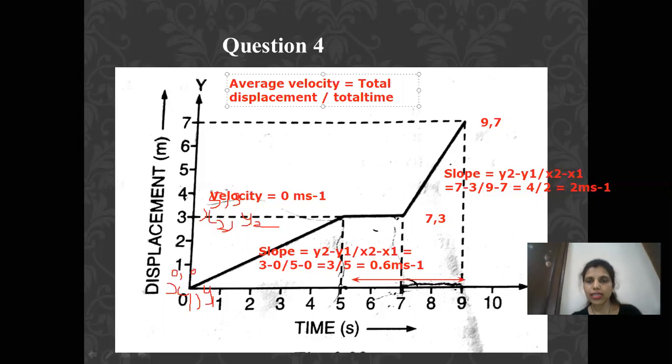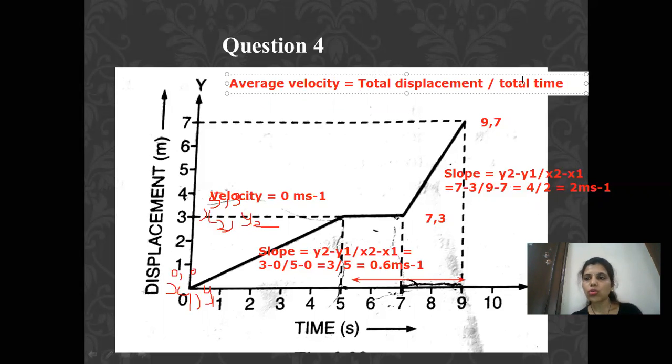So here you can see the total displacement. If you see from 5 to 9, it's starting from 3 till 7.